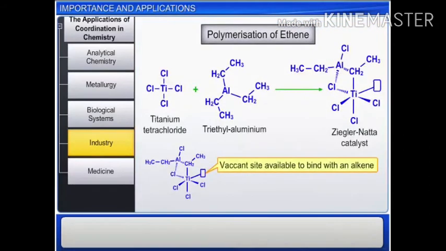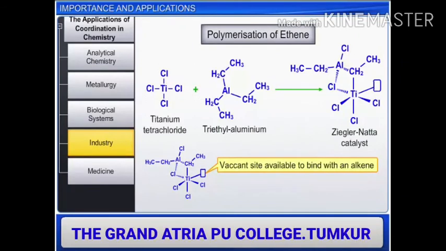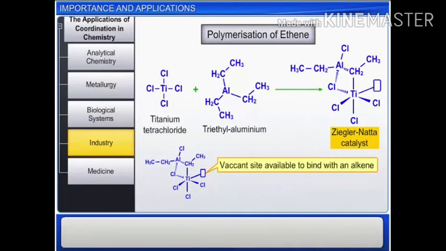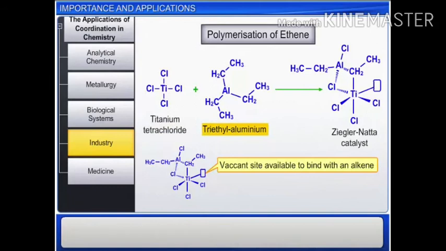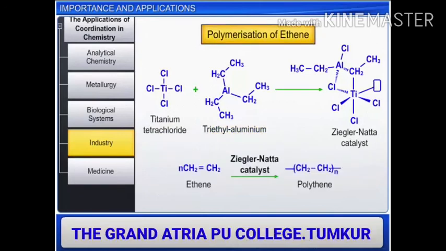Similarly, another complex metal catalyst, known as Ziegler-Natta catalyst, which is a combination of titanium tetrachloride and triethyl aluminium, is used in the polymerization of ethene.